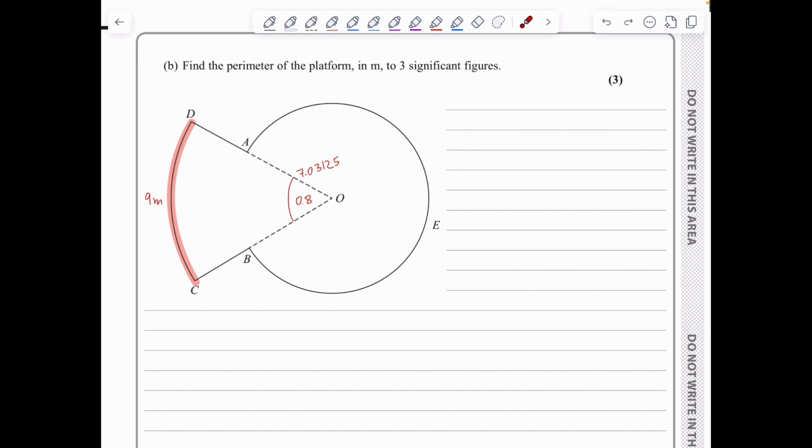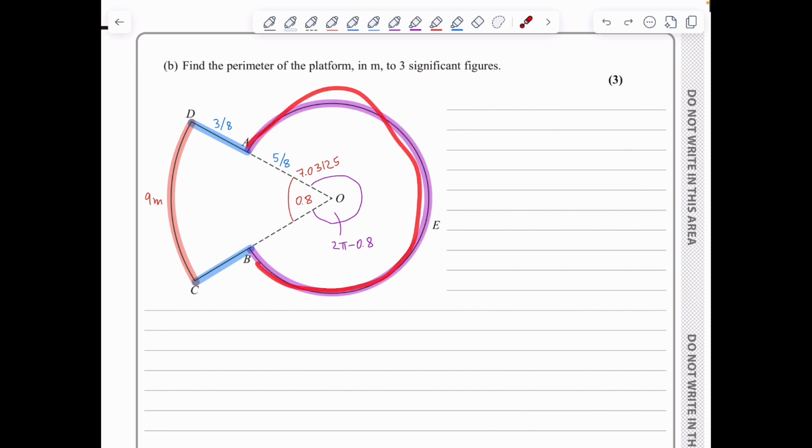Then we've got the two parts here shaded in blue, so this is 3 over 8 of the full distance, and we've got exactly the same part BC here. And then we know that this angle here is 2 pi minus 0.8, so we need to add the length of the arc AEB.